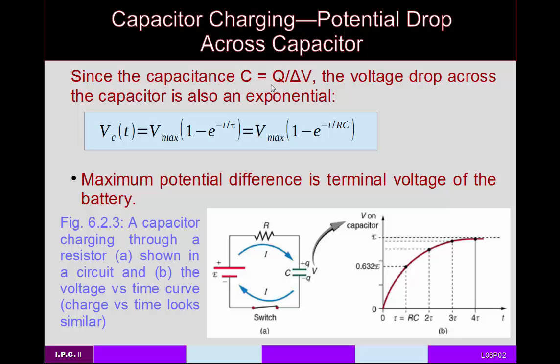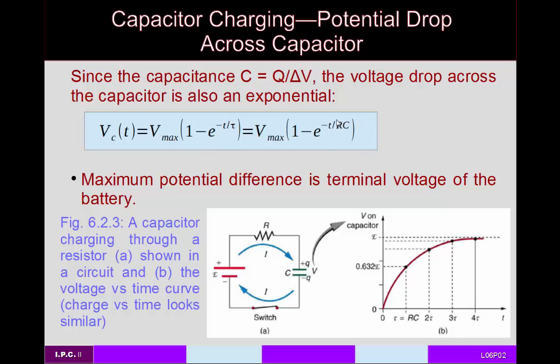And since the capacitance is Q over delta V, the capacitance of the capacitor is the charge divided by the voltage drop across the capacitor. What this means is that the voltage drop across the capacitor is whatever the maximum possible voltage drop is for the configuration times 1 minus e to the negative t over tau.